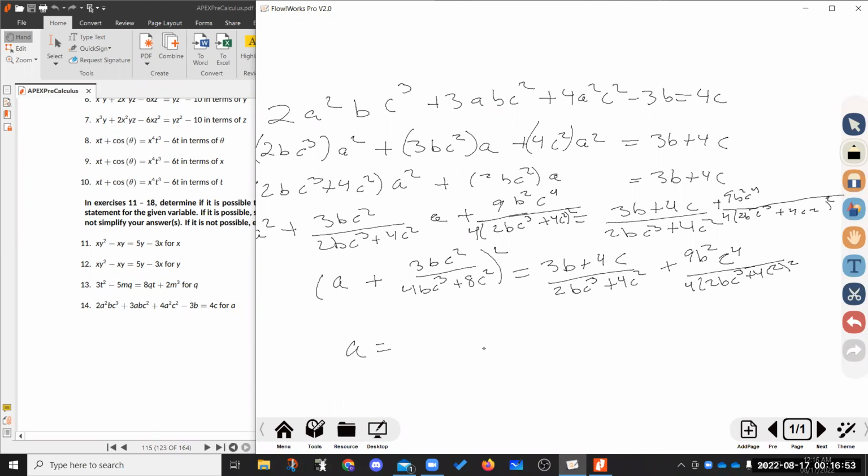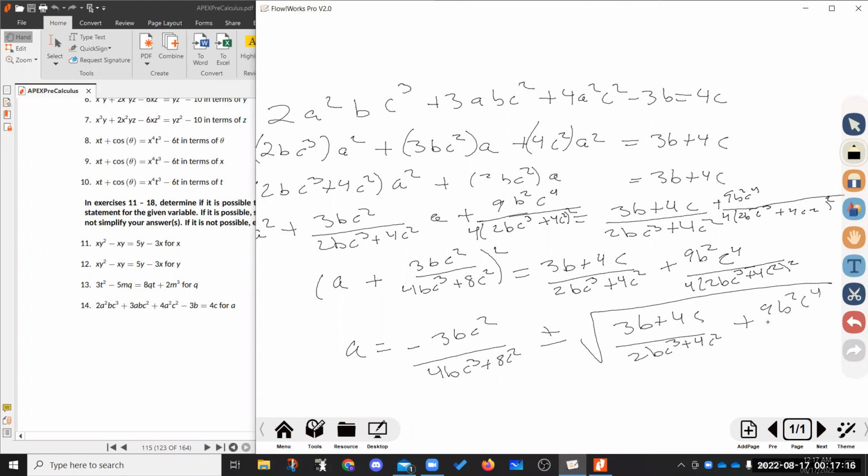Let's just say a is equal to negative 3bc squared over 4bc cubed plus 8c squared, plus or minus the square root of 3b plus 4c over 2bc cubed plus 4c squared plus 9b squared c to the 4th over 4 times 2bc cubed plus 4c squared, all that to the 2nd power. And we should get 2 answers here for a. Not pretty, but we can do it.